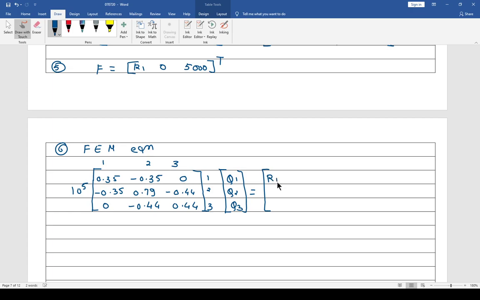So I could call at node 1 reaction 1, node 2 no external force applied, node 3 5000 Newton.